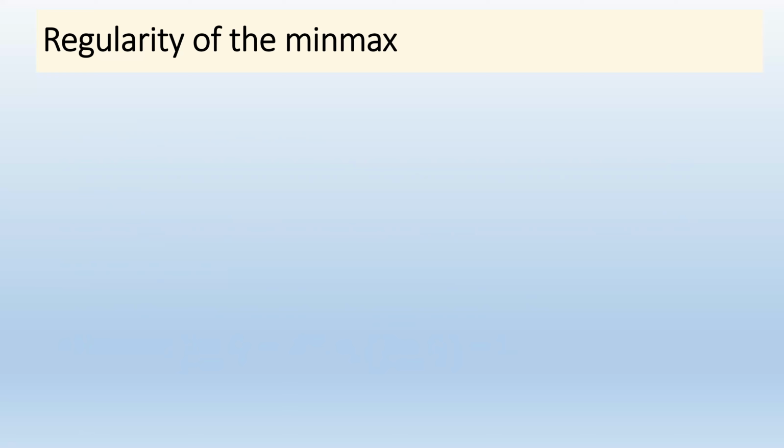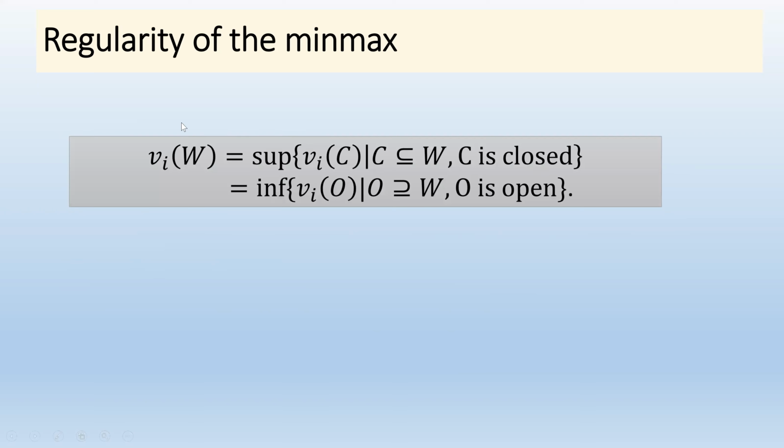This is sometimes called inner regularity, and also equal to the infimum of the probabilities of open supersets of W. This is sometimes called outer regularity. And it turns out that similar attributes hold for the min-max. And yeah, I got my mouse to work.